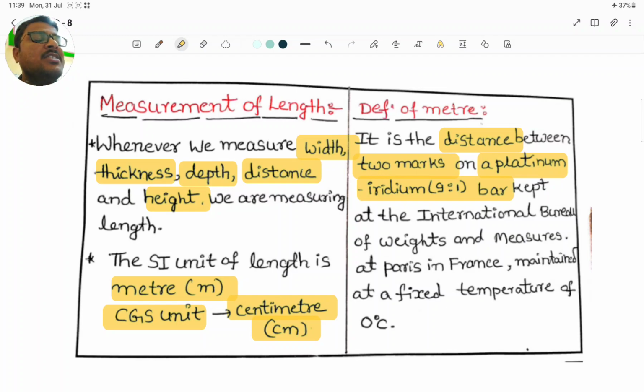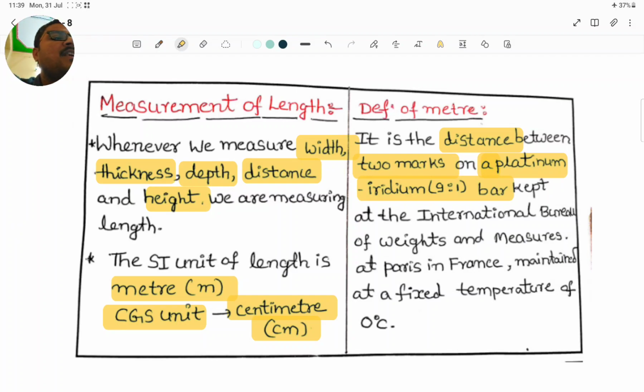The bar is made up of platinum and iridium metal. The bar has two marks. The distance between the two marks is called simply meter. Meter is nothing but simply the distance between two marks.